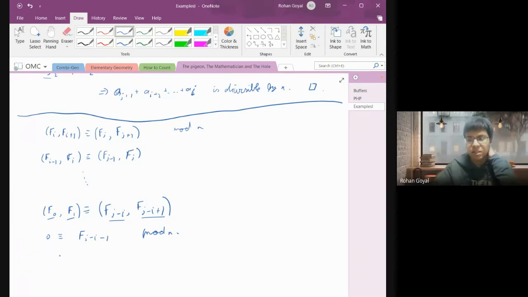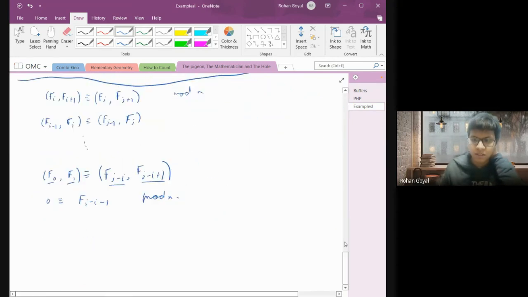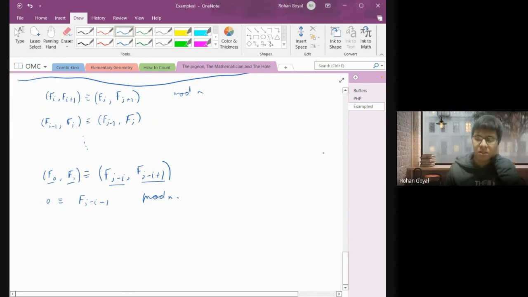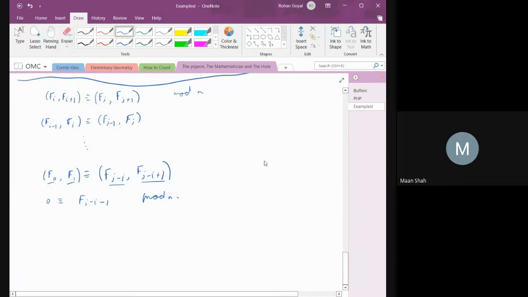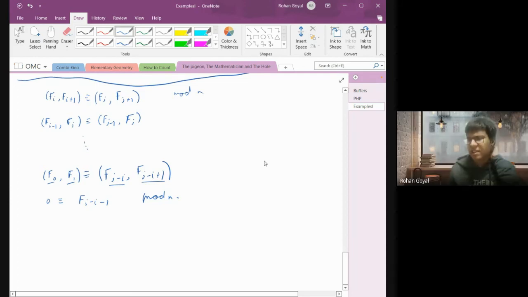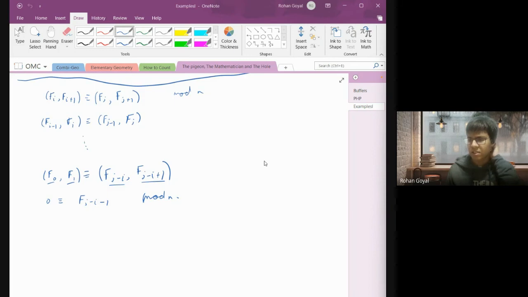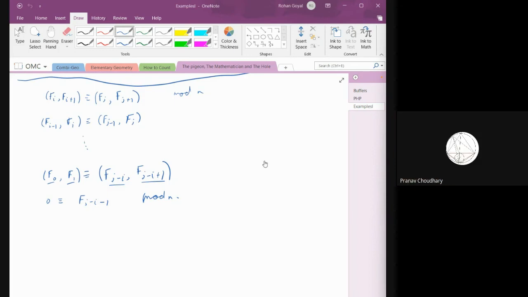I don't remember exactly, but I'll tell you some property if you're curious. You know Binet's formula? So try to use that and mod any prime. Try to find something that works. Okay. So actually every 16th number is divisible by 10? Yeah, that's what I would have expected, because the 16th one is 610. Here F0 is 0, not 1.